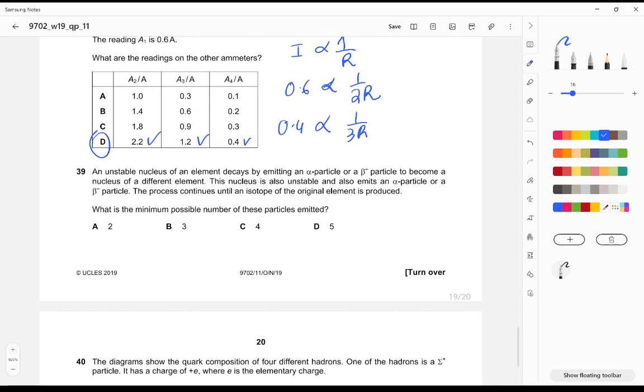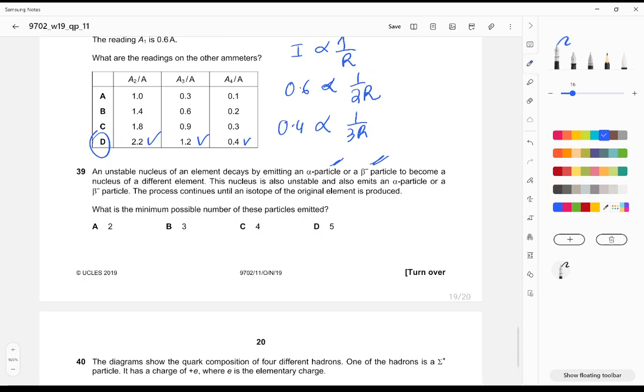Required everything. An unstable nucleus of an element decays by emitting an alpha particle or a beta negative particle to become a nucleus of a different element. By emitting an alpha particle or a beta negative particle to become a nucleus of a different element, definitely the proton number changes.